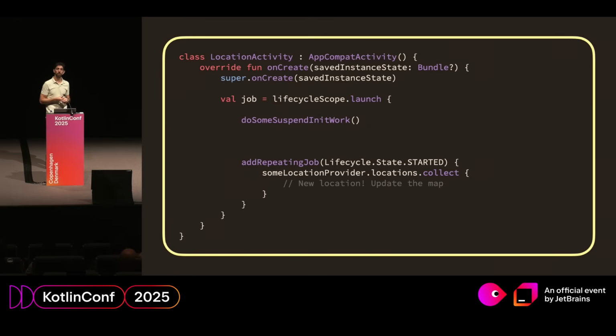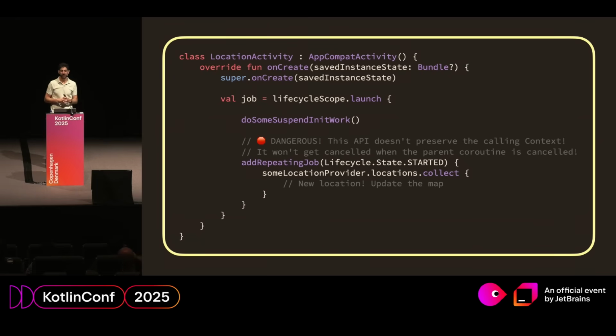The disappointment comes if you attempt to cancel the job. You might think you're going to stop the collection as well, but that's not true. And that's not true because @repeatingJob is creating a new coroutine. Because it's creating a new coroutine under the hood, and you most likely weren't aware of that, it's not preserving the calling context, and the cancellation is not going to propagate down.